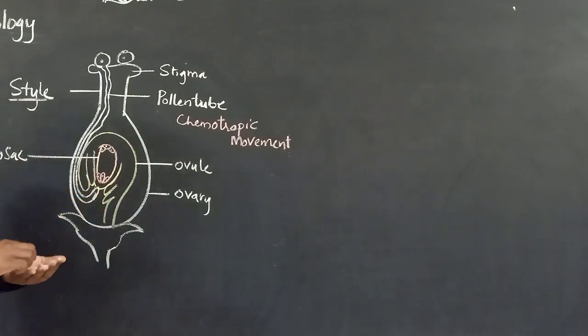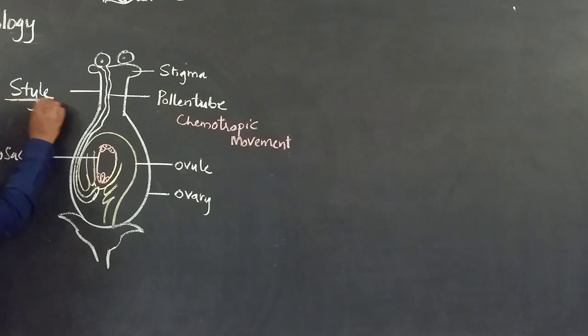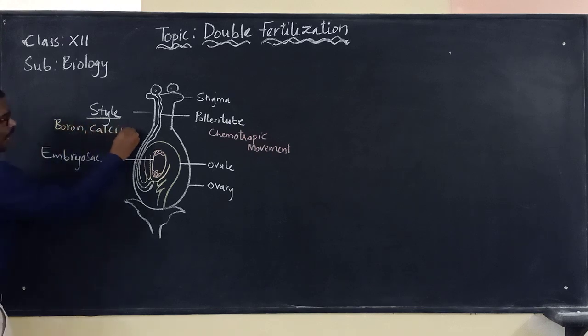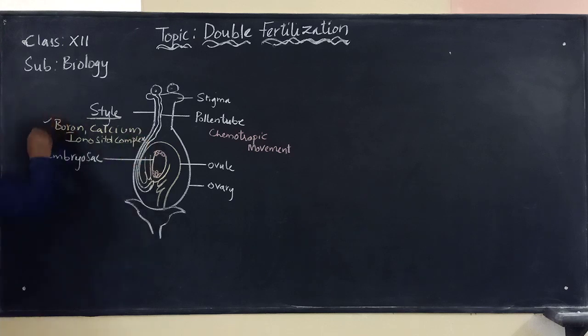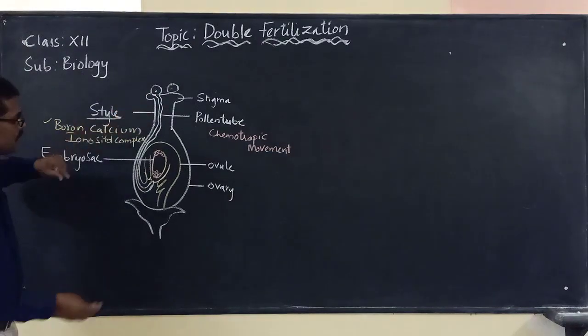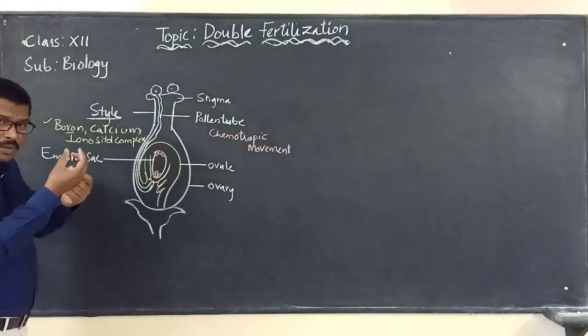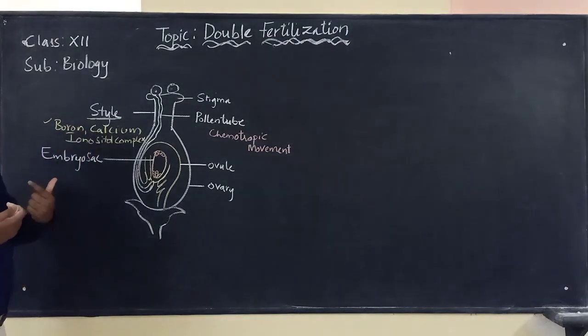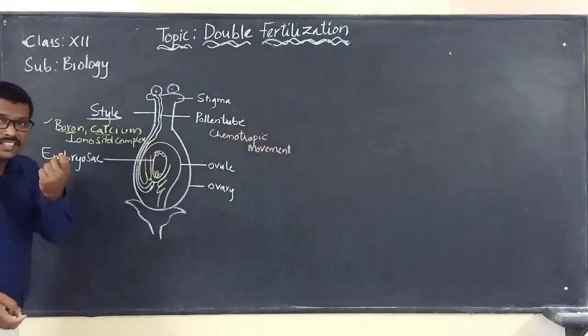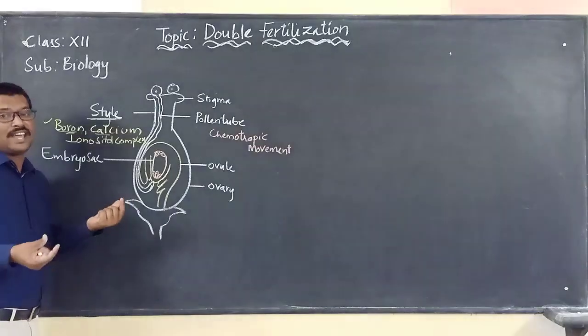The very essential chemicals in the style are boron, calcium, and an inositol complex. All these three are deficient or less in the pollen grain. So when the pollen tube is formed, it will be attracted towards these chemicals which it needs, and these chemicals make the pollen tube grow in size.